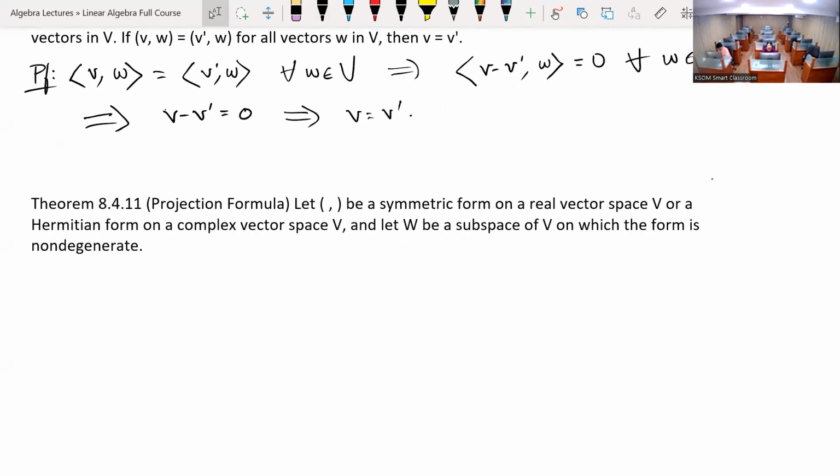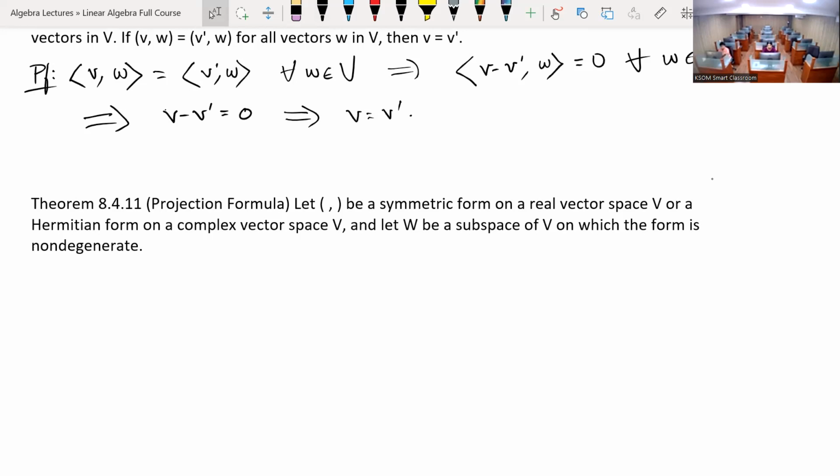In Artin, he's doing it simultaneously for both, because the same proof works. So let W be a subspace of V on which the form is non-degenerate.